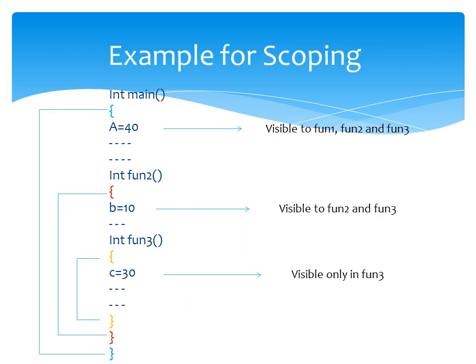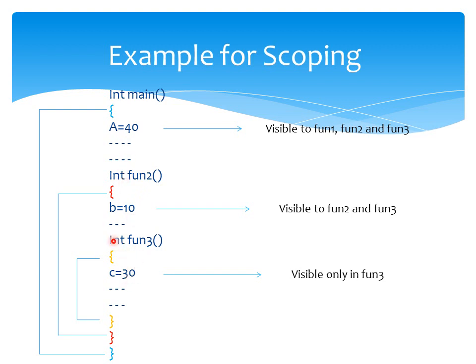Example for variable scoping. Here you can see a main function and it consists of a variable a equal to 40. Then function 2 has b equal to 10, and function 3 has c equal to 30.